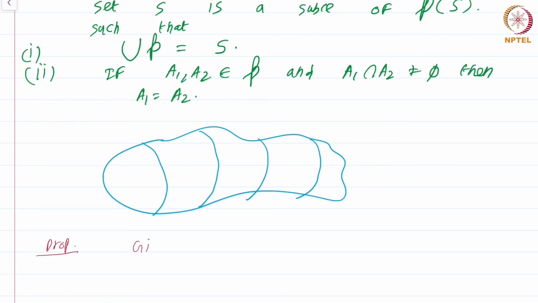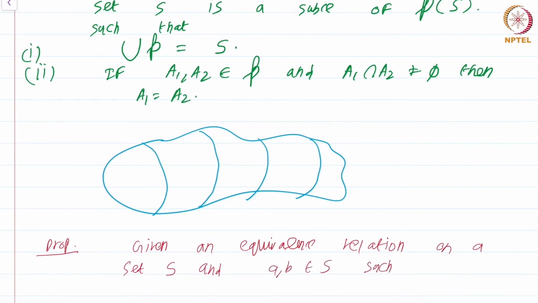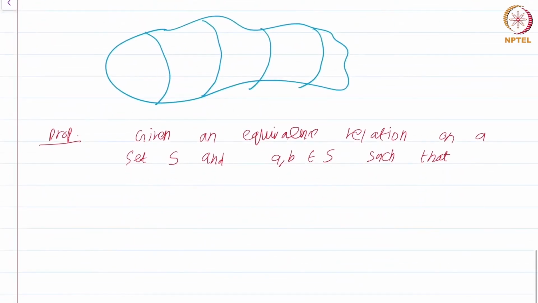Given an equivalence relation on a set S and A, B in S such that the equivalence classes of A and B intersect, sorry, not disjoint, then A is equal to B. Note that this is the second property of a partition.